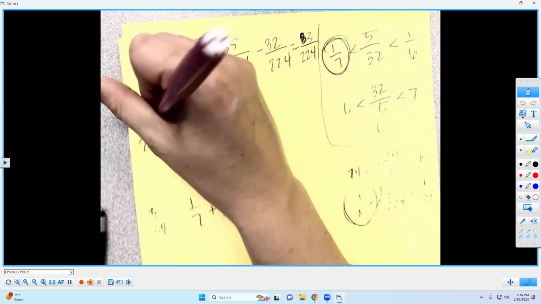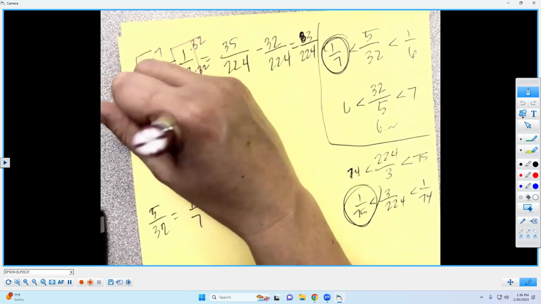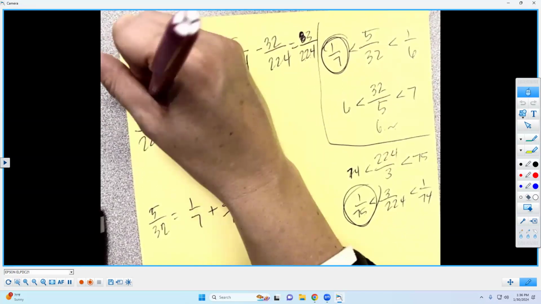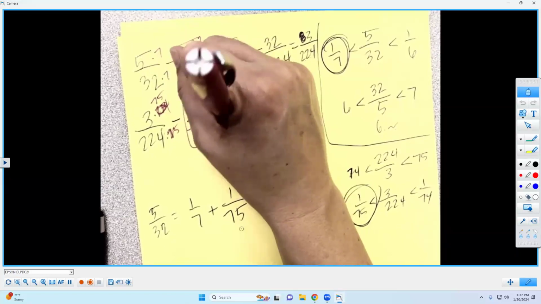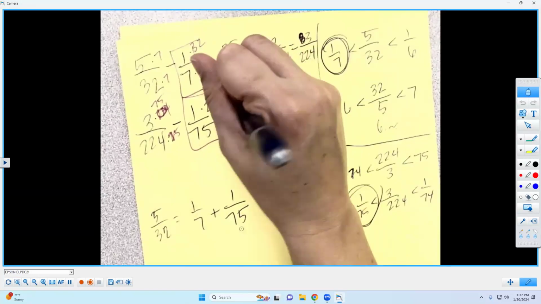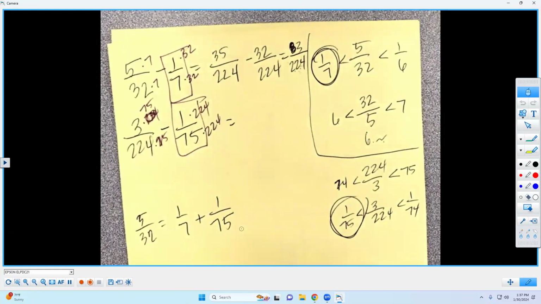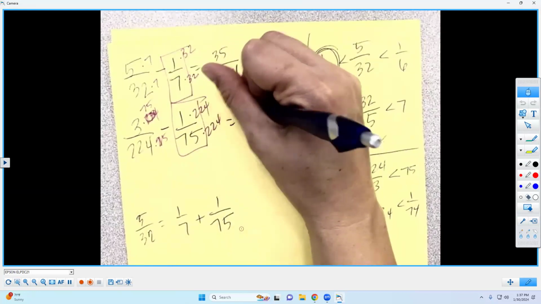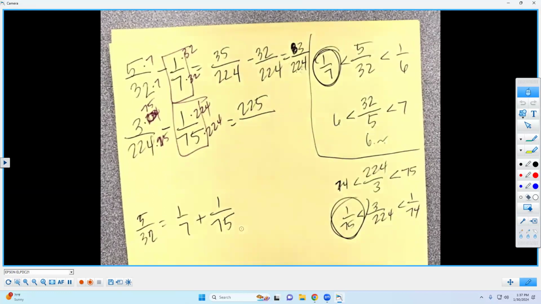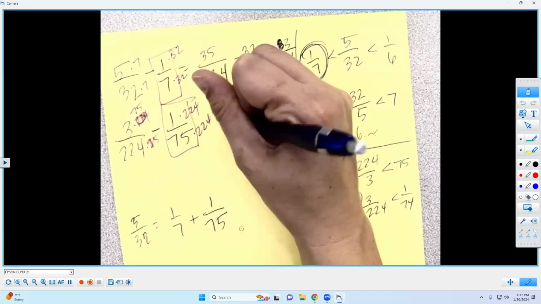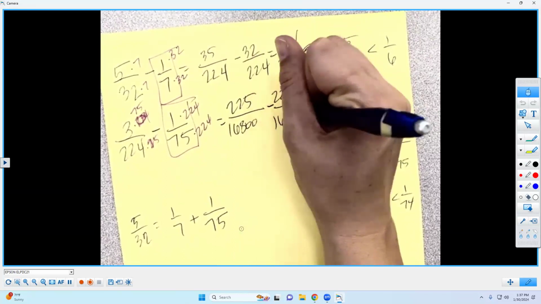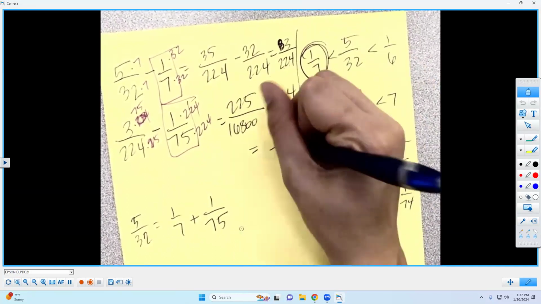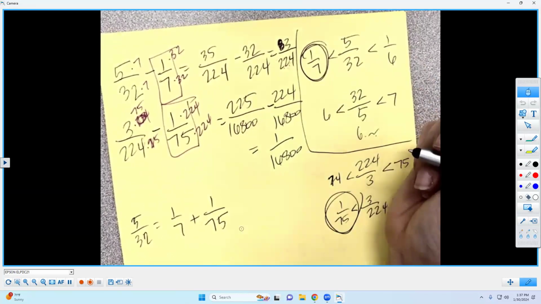And then when I get a common denominator... oh no, I did that wrong. Times 75. This is times 224. So I would get 225 over 16,800 minus 224 over 16,800, which leaves me 1/16,800.